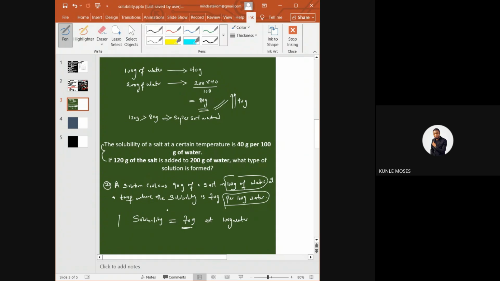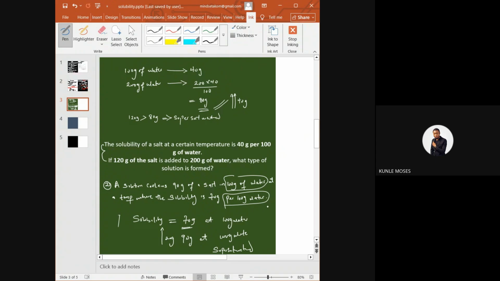Now look at it. They said at present the solution contains 90 grams in 100 grams of water. It simply means we've added 20 grams to the salt, which makes it supersaturated, right? Are we all together?